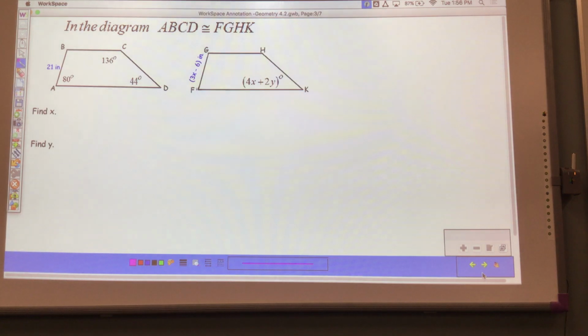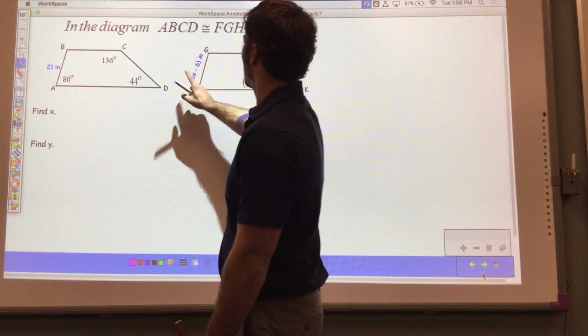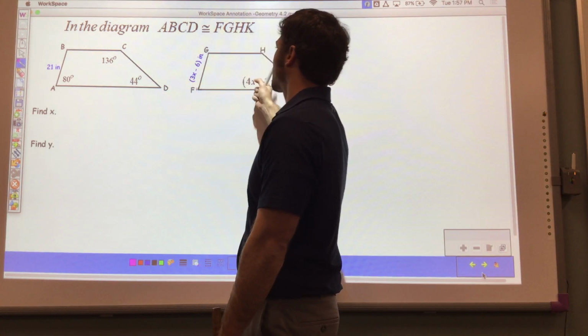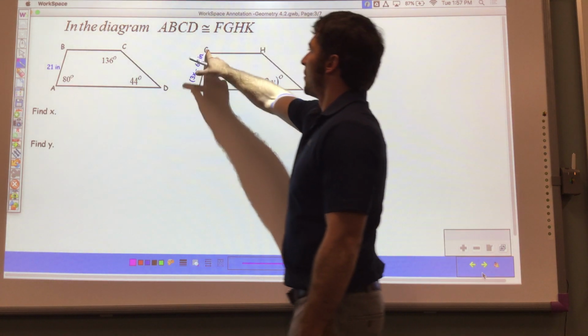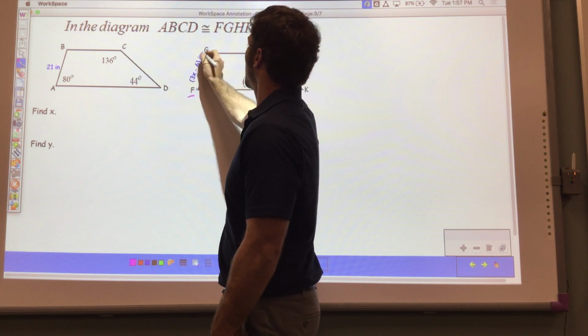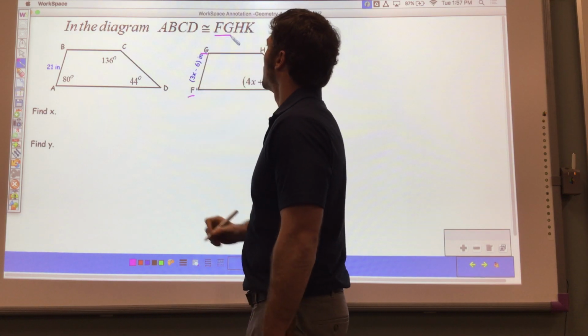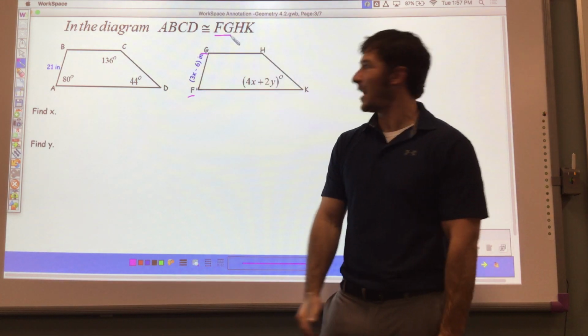All right, in the diagram, polygon ABCD is congruent to polygon FGHK. We want to find x, we want to find y. So, if we look at x, well, we have an x here. We also have an x over here. The 3x minus 6, we have F and G. FG, now you can tell in the picture it's going to match AB, but it's not always that obvious.